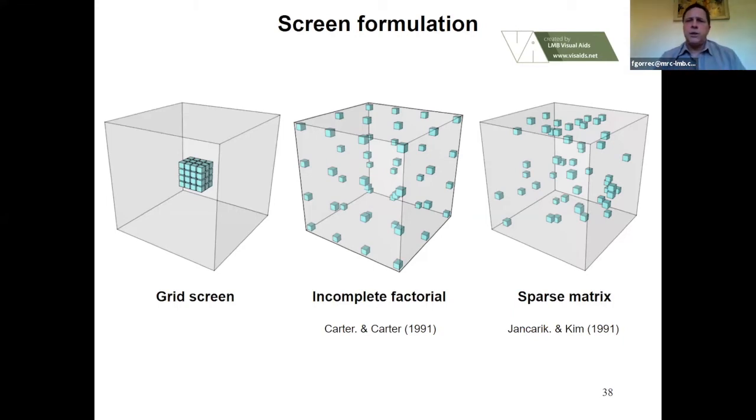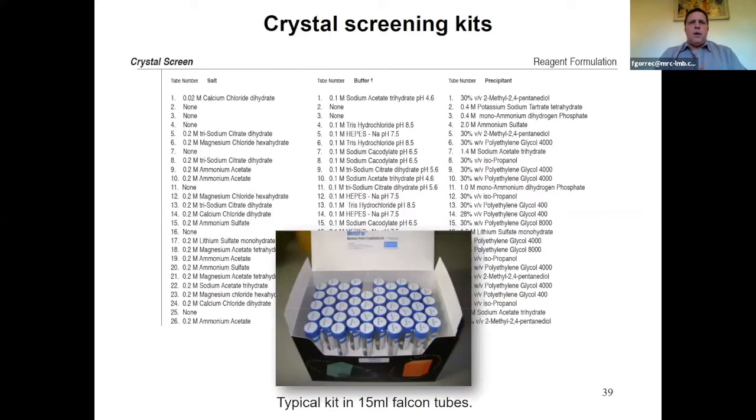You look at conditions that were successful in the past and you put them all together. There are other alternatives where you place the additives as the main component in your formulation, which is the concept of the Silver Bullets from McPherson and company. These screens are usually found as kits of 48 or 96 conditions.